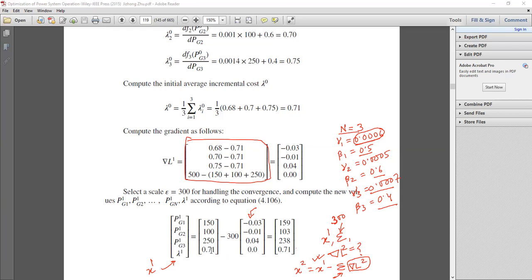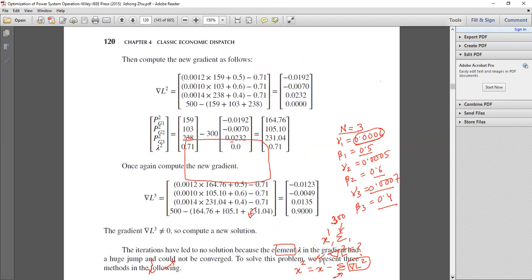So 0.71 remains 0.71 even in the first iteration after the initial step. In the next step, we will be calculating del L2, so the entries over here in del L2 would similarly be 0.71. So let's go forward.